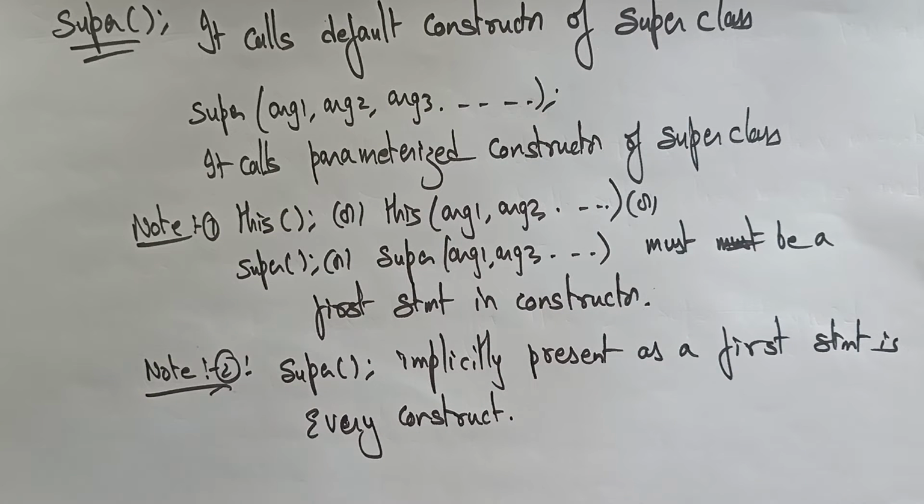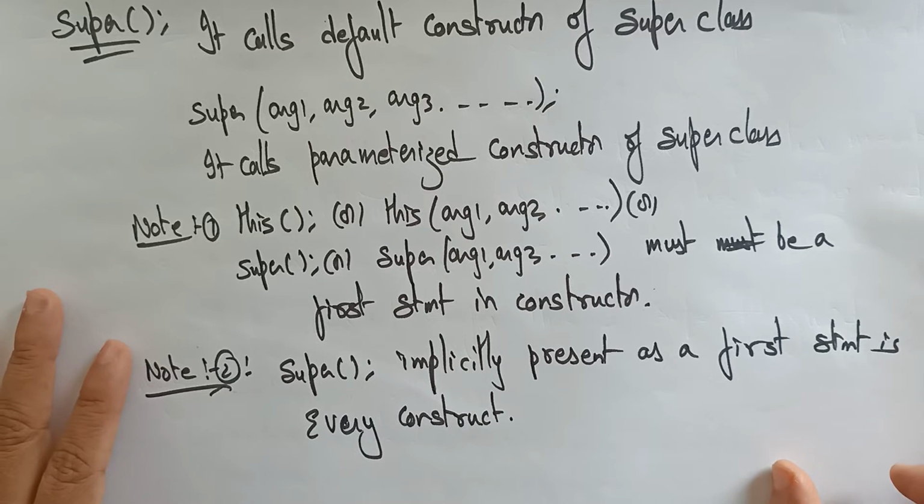Implicitly it is present. When you require it explicitly is whenever the subclass method names and the superclass method names are the same, then only the super keyword is explicitly required. In the same way, the method is also explicitly required.